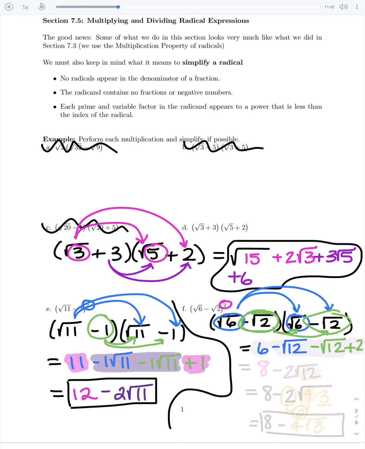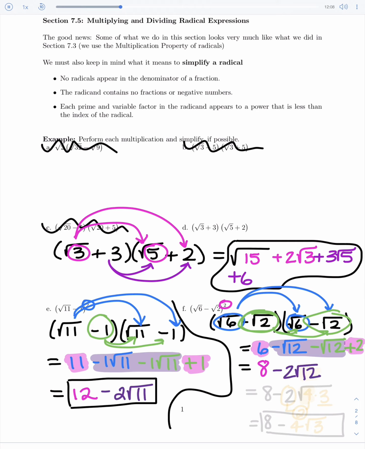Now, just like the last one, I've got to combine my like terms. Well, my like terms to begin with are a 6 and a positive 2, which is just the number positive 8. So 6 added to 2 is just a positive 8. Also, I have a negative square root of 12 and a negative square root of 12, which means I've got 2 of these negative square roots of 12.